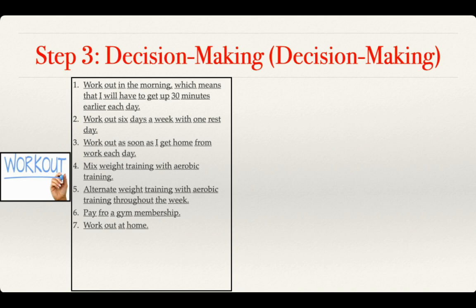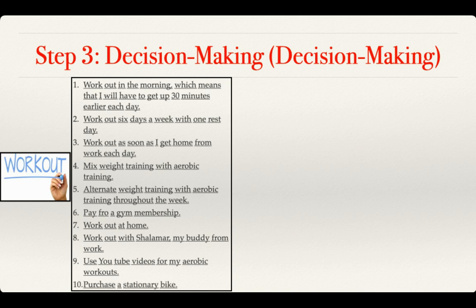Now notice, based upon the fact that numbers 6 and 7 we can assume are opposing ideas, you can deduce from that this is just a brainstorming list, right? This person is just brainstorming all the possibilities. Number 8, work out with my buddy from work. Number 9, use YouTube videos for my aerobic workouts. And number 10, purchase a stationary bike.